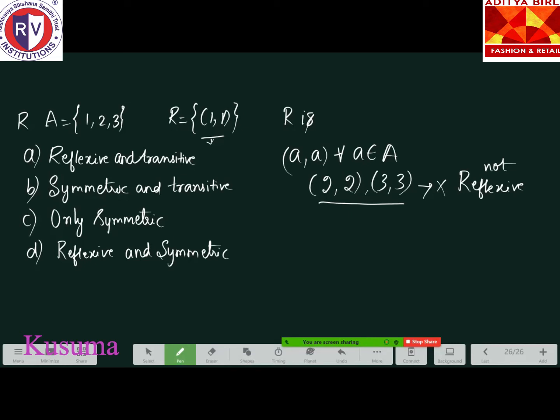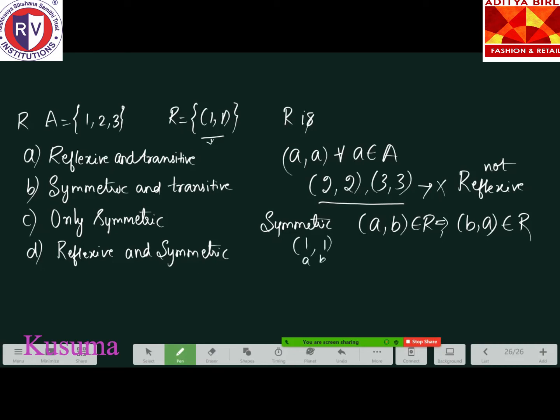So let us see what about symmetric. Symmetric says that for a relation to be symmetric, whenever A comma B belongs to R, B comma A must also belong to R. Here in the relation, 1 comma 1 is given.